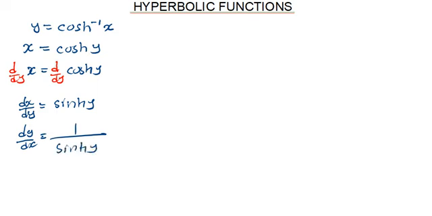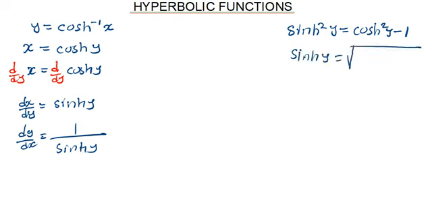From the identities, we know that hyperbolic sine squared of y will be equal to hyperbolic cosine squared of y minus 1. So meaning hyperbolic sine of y will be equal to the square root of hyperbolic cosine squared of y minus 1. But before I do that, I want to find out what my hyperbolic cosine squared is.